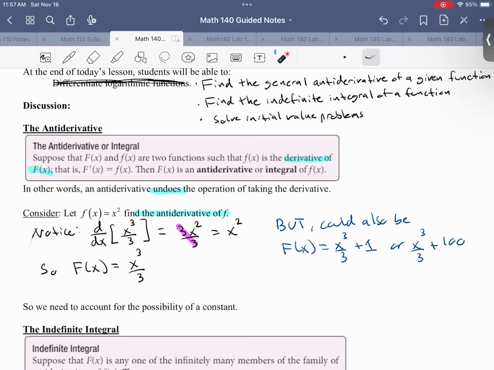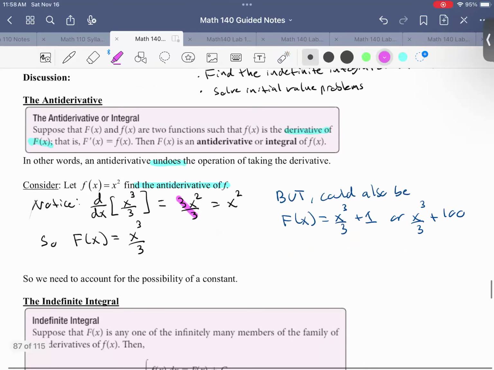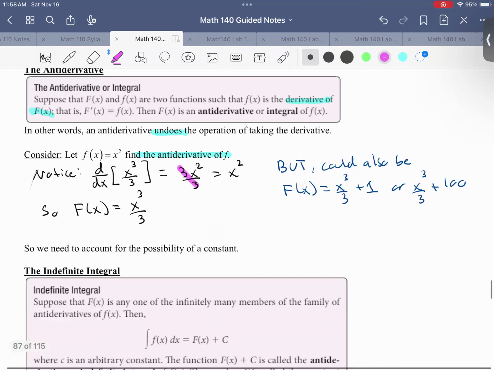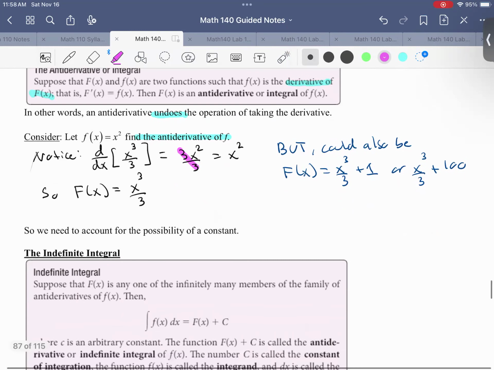The derivative of all of these functions, x cubed over 3 plus 1, x cubed over 3 plus 100, the derivative of each one of these functions will also be x squared, because a constant just goes away. So here's what we got. We're leading into the idea of a constant when we integrate. What this is leading us into is the indefinite integral. So we need to account for the possibility of a constant.